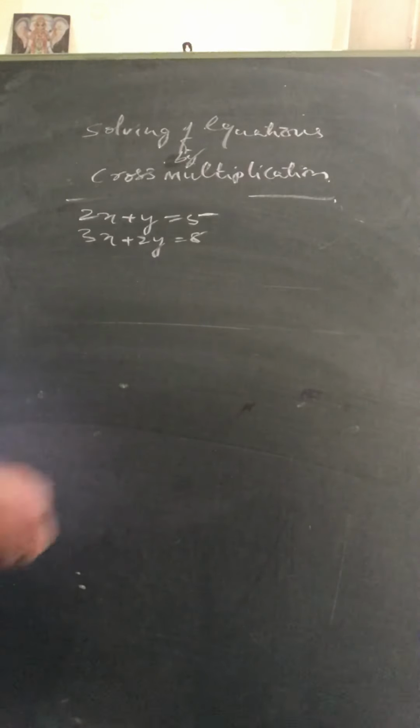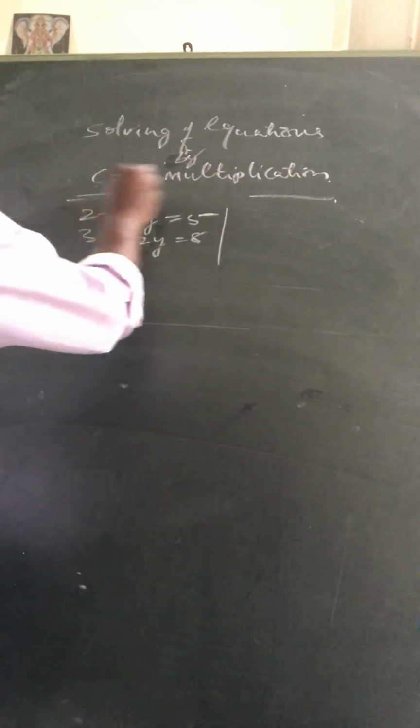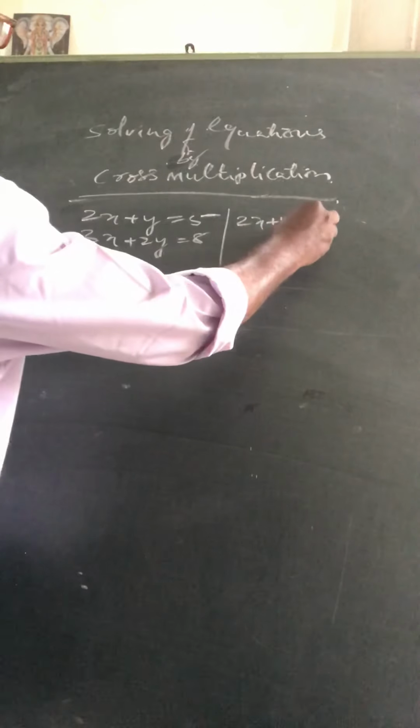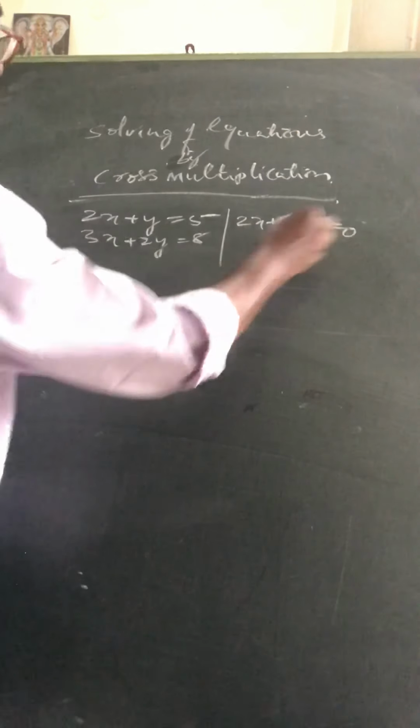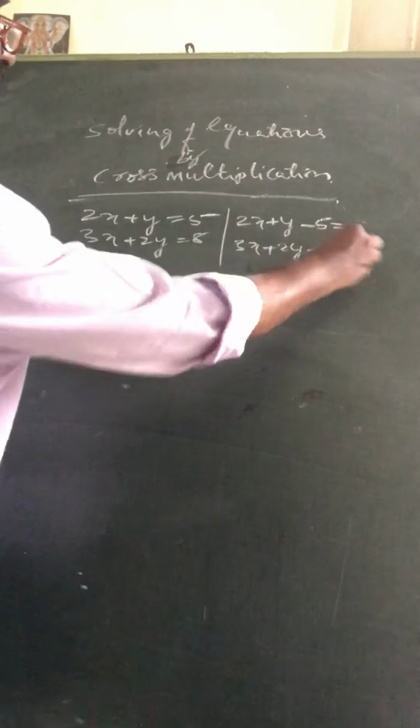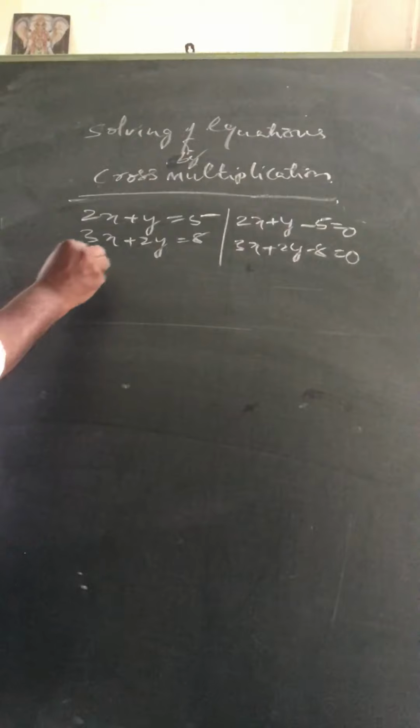This we have to solve by the cross multiplication method. First we have to write them in the general form. 2x plus y minus 5 is equal to 0. 3x plus 2y minus 8 is equal to 0. Now you can write the coefficients of x and y.